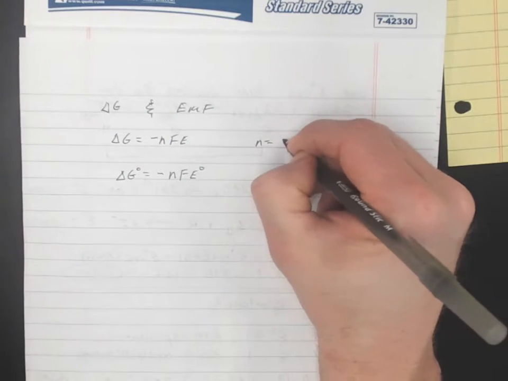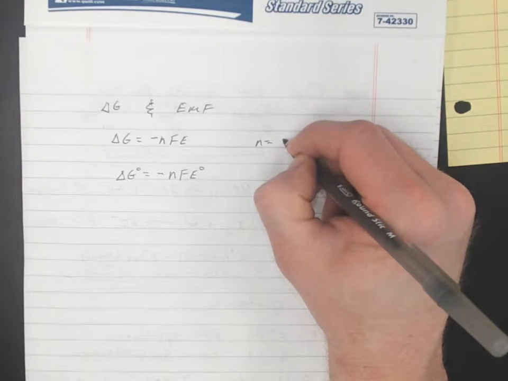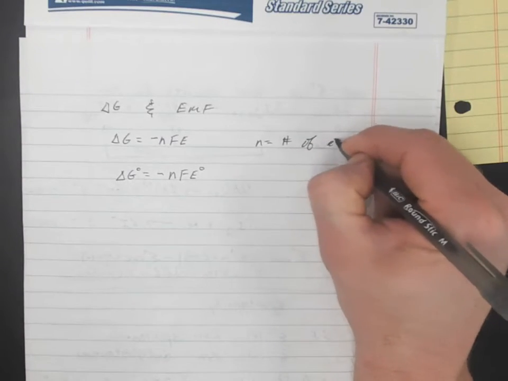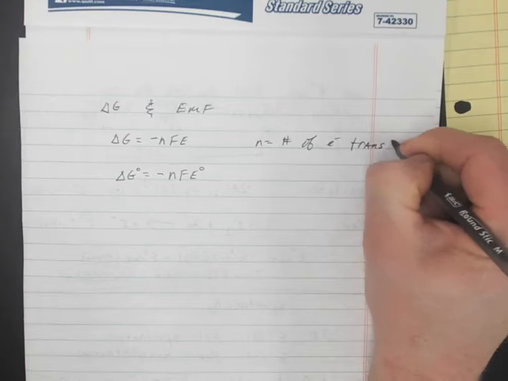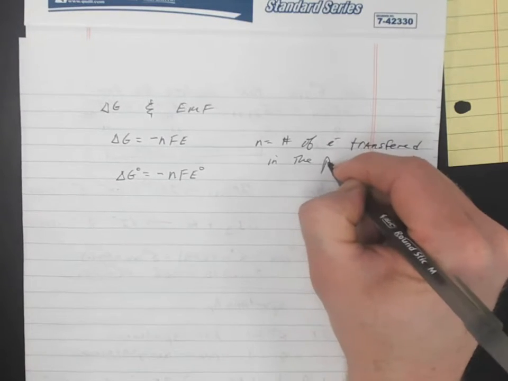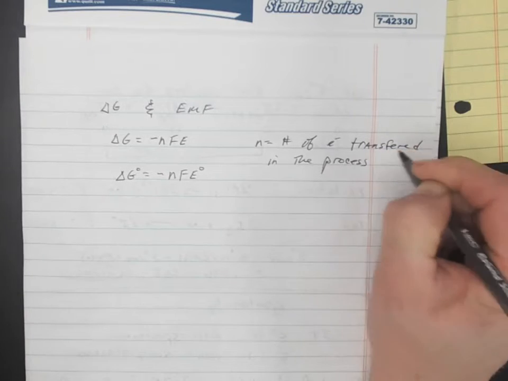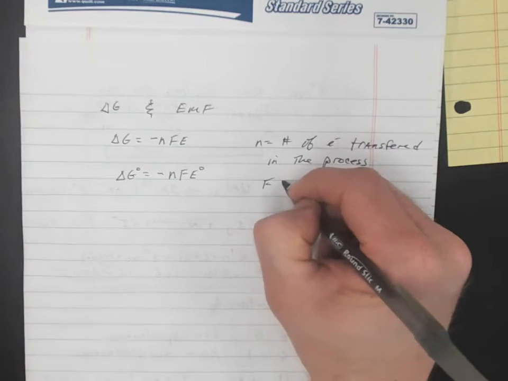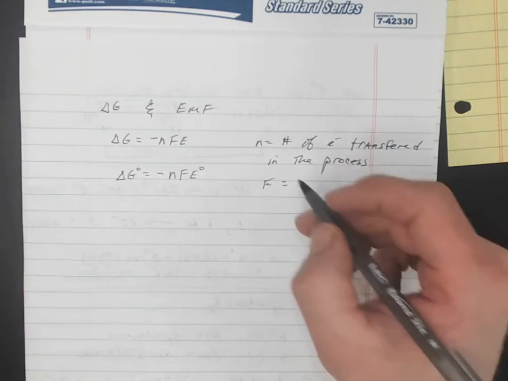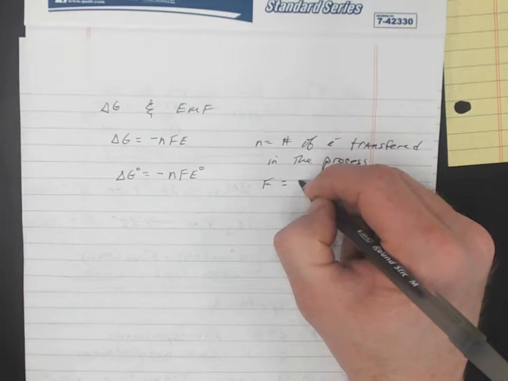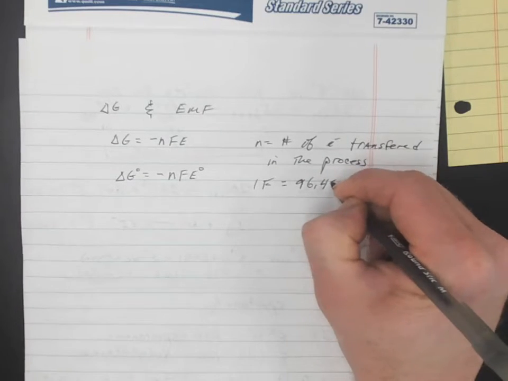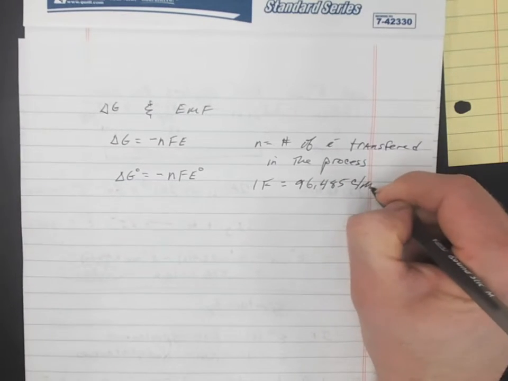A couple things to remember. n is equal to the number of electrons transferred in the process. F is equal to Faraday's constant. So 1 F is equal to 96,485 coulombs per mole.